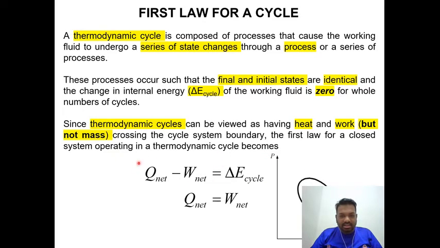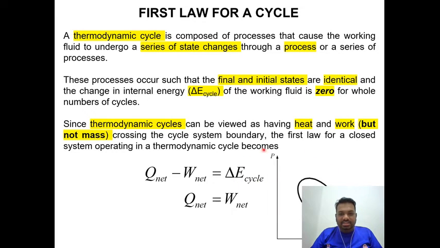The first law for a closed system operating in a thermodynamic cycle becomes this equation: Q net, meaning Q in minus Q out. We can put either the letter Q or net, meaning total. So Q net minus W net equals the change in the cycle.